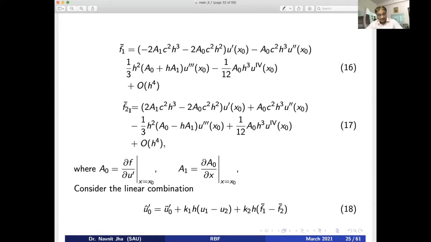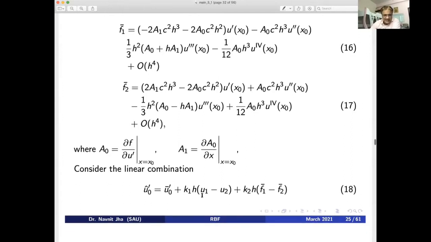Fine. But here we have to update this first derivative like this. This is what is available to us till now. We have u1, u2, u0, f1 and f2. You may have a question, why not f0? I will calculate f0.